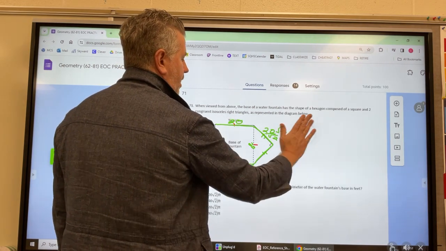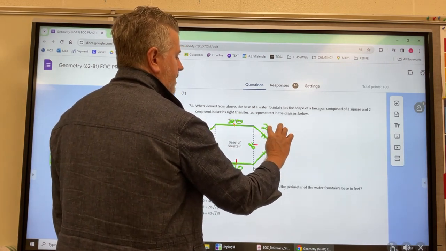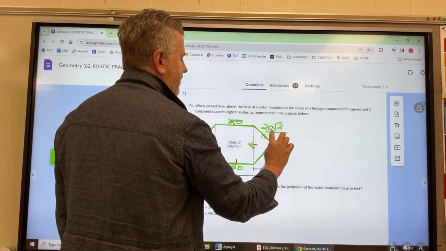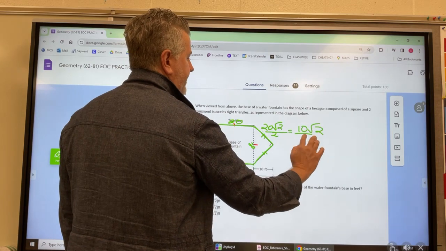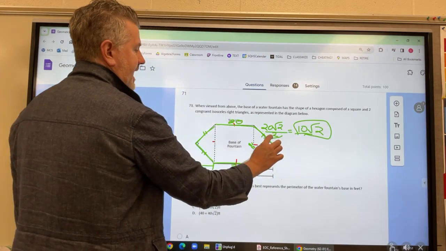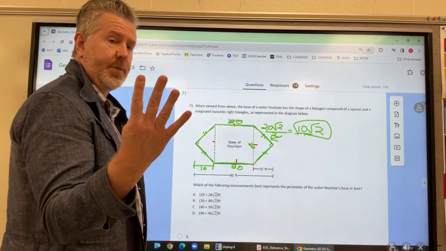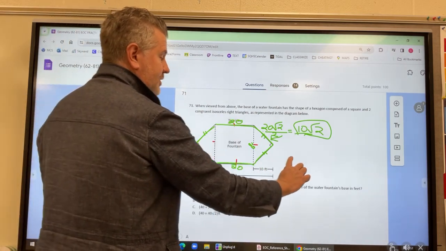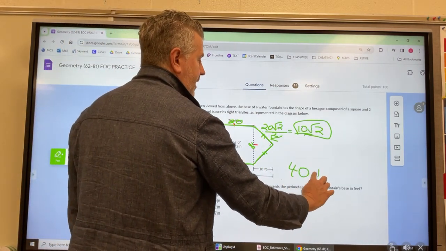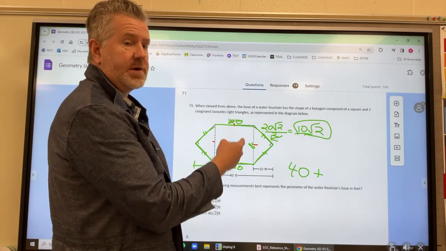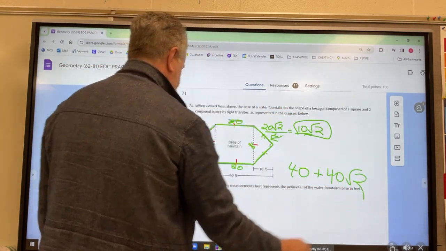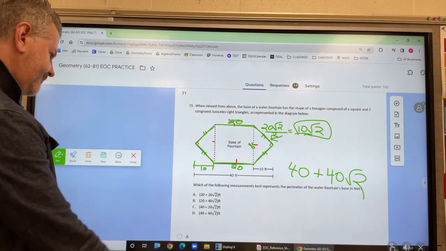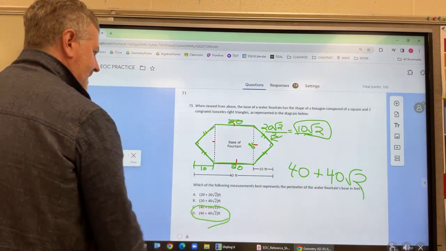So our corner then ends up being 20 root 2 over 2, or 10 root 2. There's this side right here. But we have 4 of those. So we have a top and a bottom, that's 20 plus 20, which is 40. And we have 4 of these, which is 4 times that, which would give us 40 on the square root of 2. Let's see if that's one of our answers. Yes, we're going to go with D on that one.